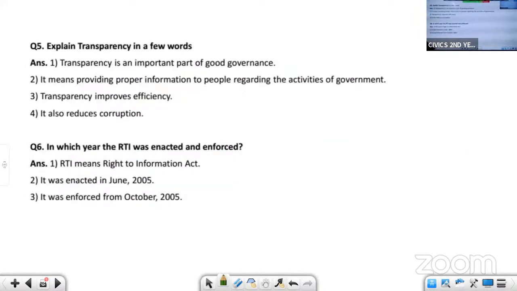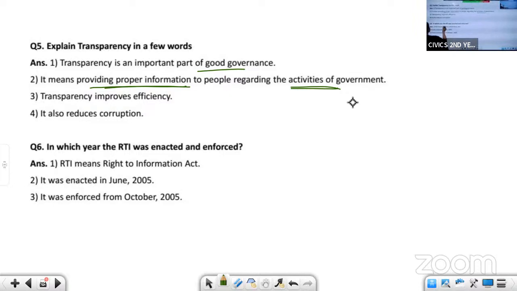Next is write or explain transparency in few words. Transparency is a part of good governance. When everything is clear, it is transparent, there is no information hidden from the people, then we can say that government is good government. So what is transparency? It means providing proper information without hiding anything from the people regarding the activities of the government.